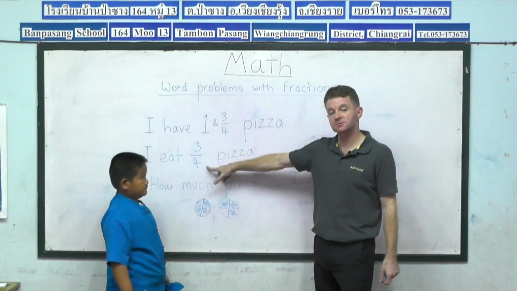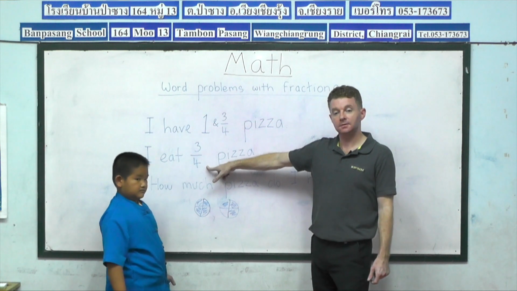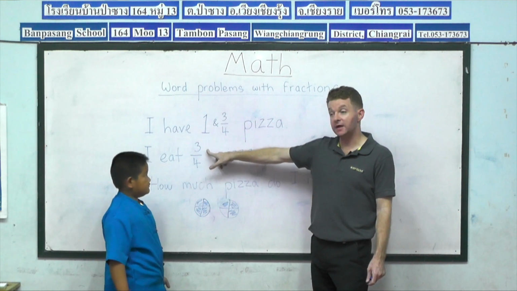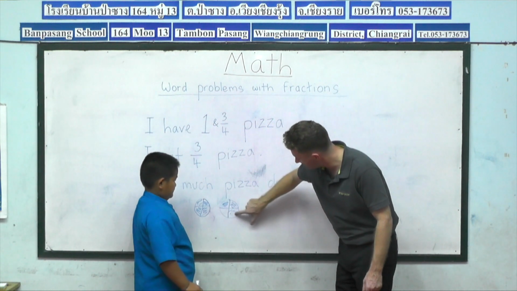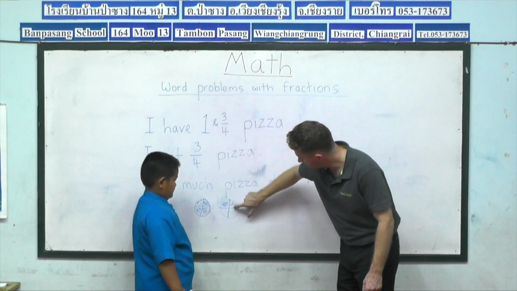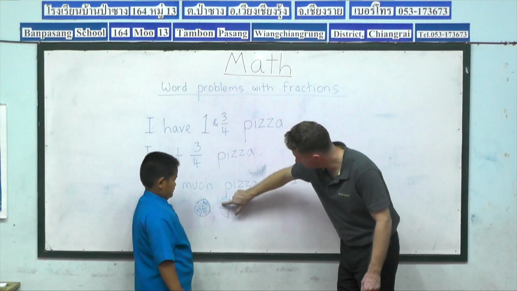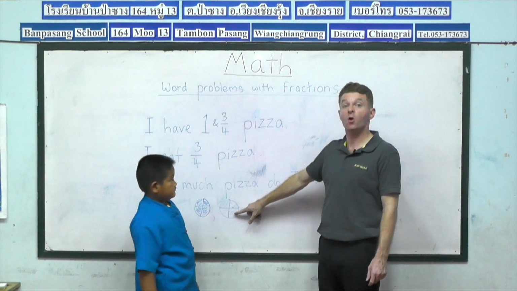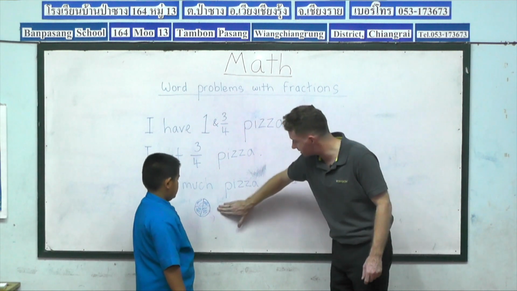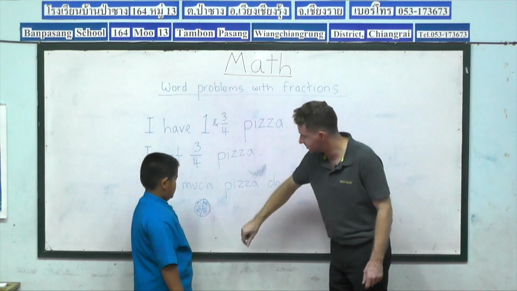But how much pizza does Net eat? 3/4. Okay, so now let's remove the pizza. 1, 2, 3. Okay, so Net has eaten all of the fraction of pizza. We can remove this.